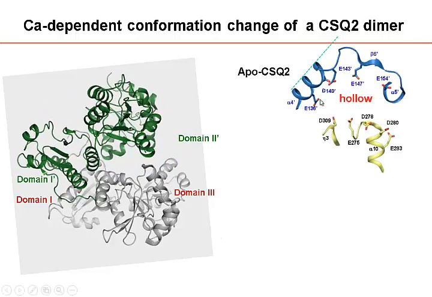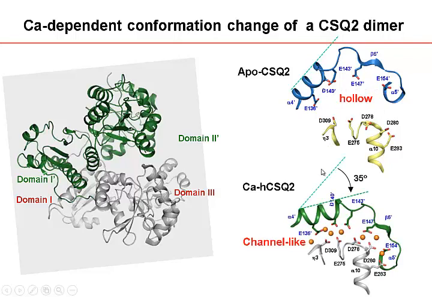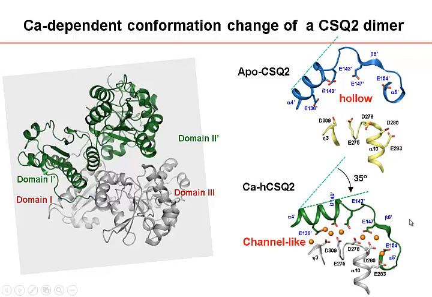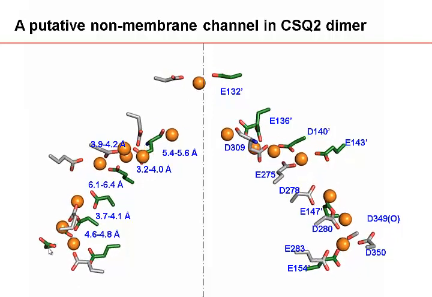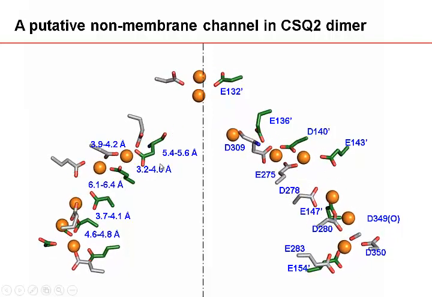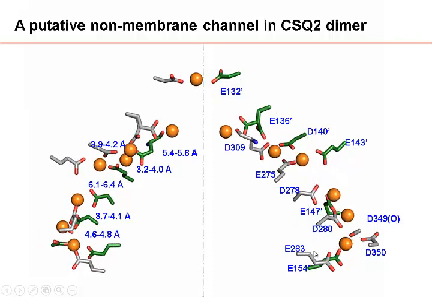In the absence of calcium, the negative charges from both monomers repulse each other, keeping a hollow inter-monomer space. In the presence of millimolar calcium, by contrast, calcium ions attract negative charge from both sides, holding monomers together to form a channel-like structure. Within the putative channel, calcium ions are hosted by negatively charged residues.